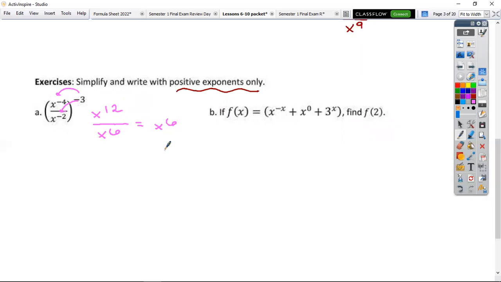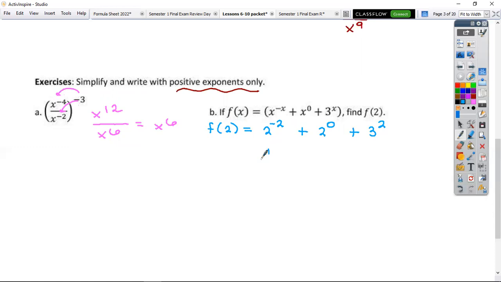All right, and then last, you have a function and you are asked to substitute 2 in for x. So every single place you see x, you're going to fill in 2. So f of 2 is equal to, we're going to go 2 raised to the -2nd plus 2 raised to the 0 plus 3 raised to the 2nd. So if you work with your exponent rules, you're going to flip the first one.